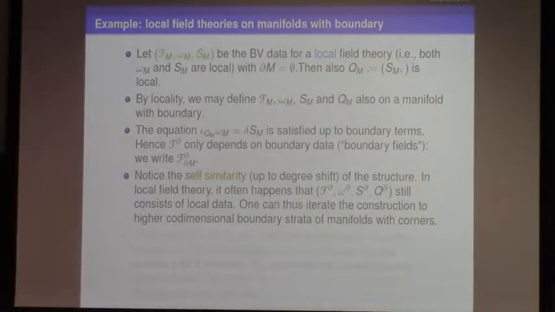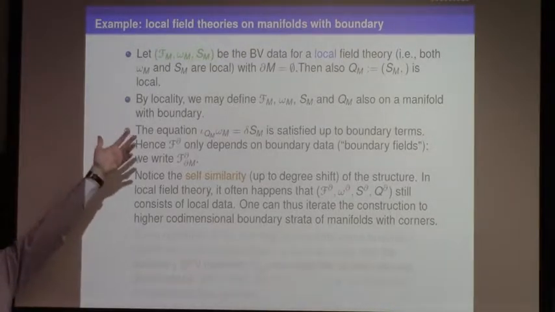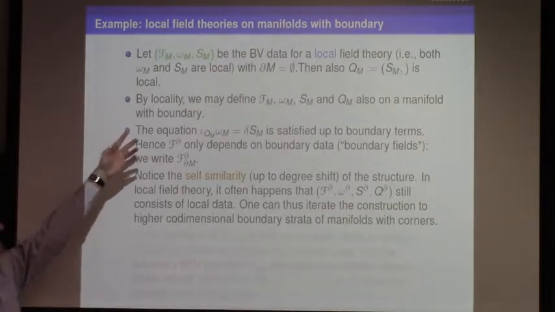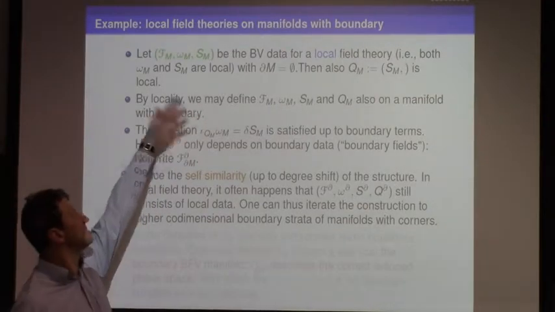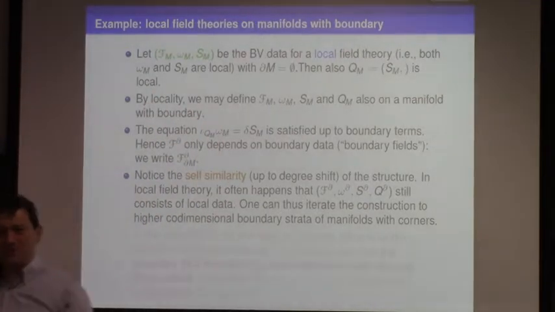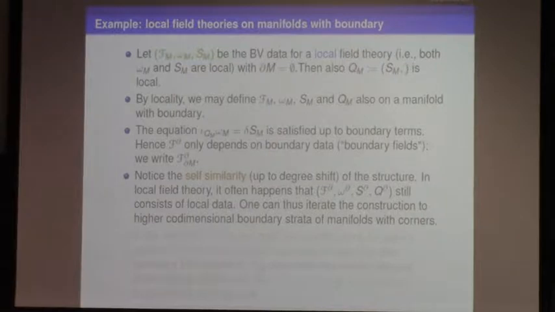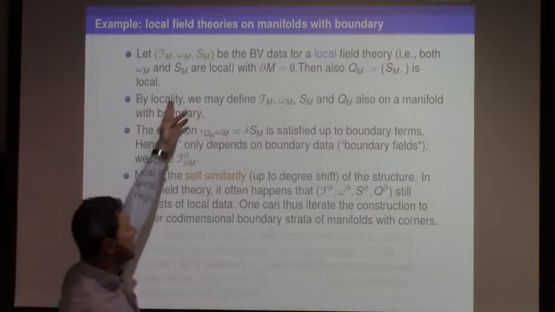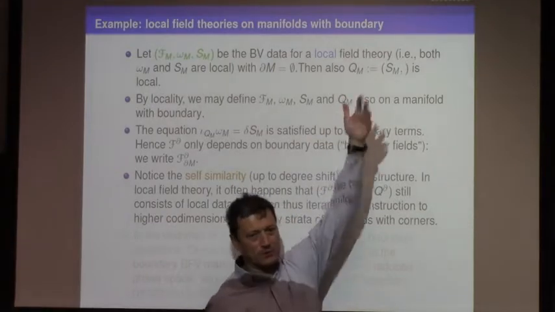So F is a supermanifold, omega is a symplectic form, S is an even function satisfying the classical master equation, and everything is local. For example, the fields are local objects, like functions or sections, and the action is an integral over the manifold of a density that at each point depends on finitely many jets of the fields. And omega is also local, and in particular Q turns out to be local.